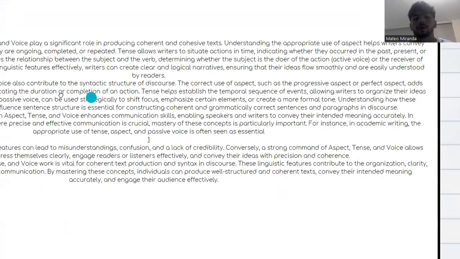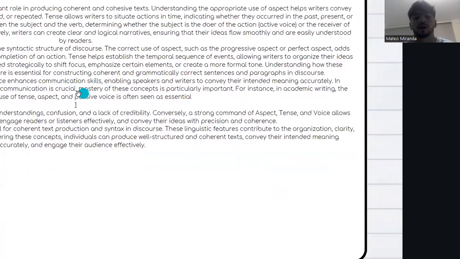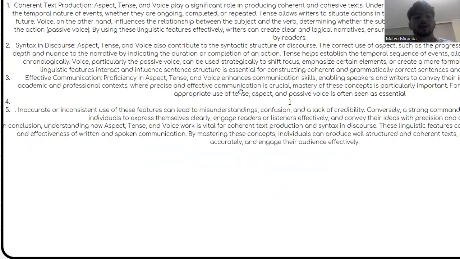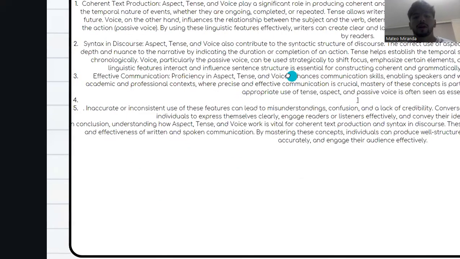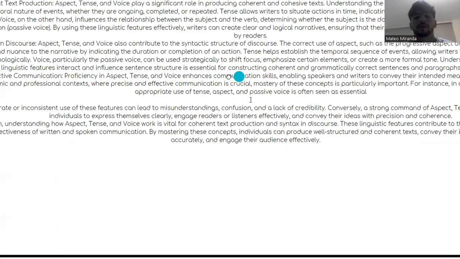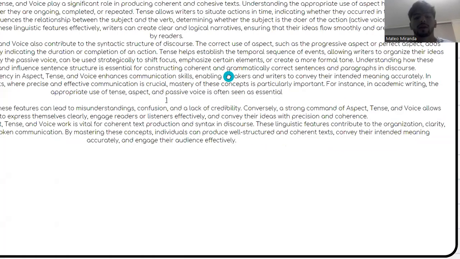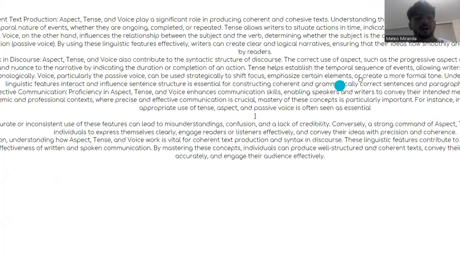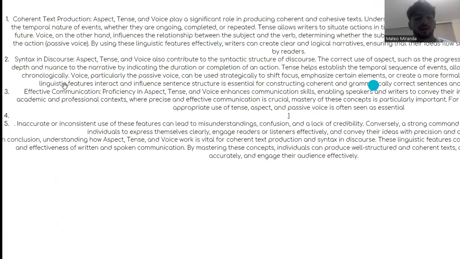The correct use of aspects such as the progressive aspect or perfect aspect adds depth and nuance to the narrative by indicating the duration or the completion of the action. Tense helps establish the temporal sequence of events, allowing writers to organize their ideas chronologically.